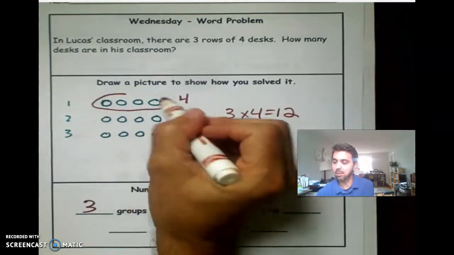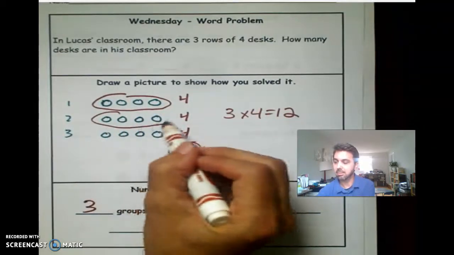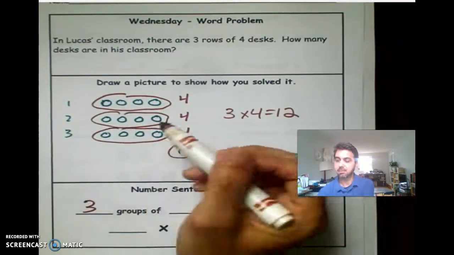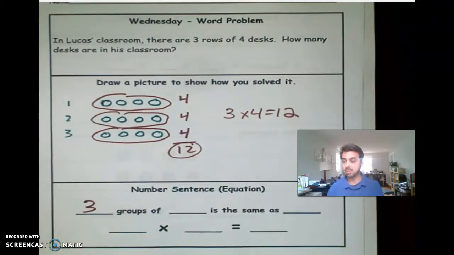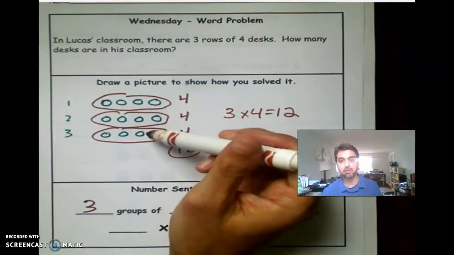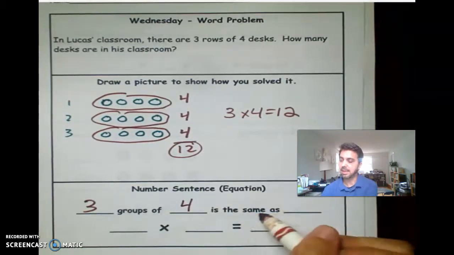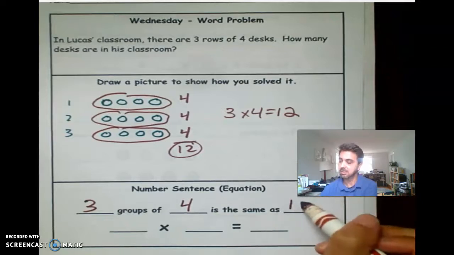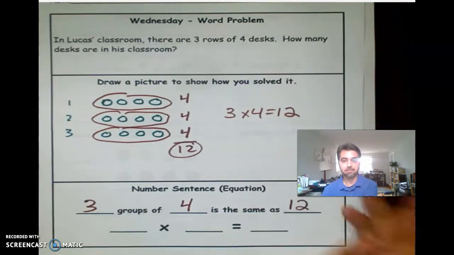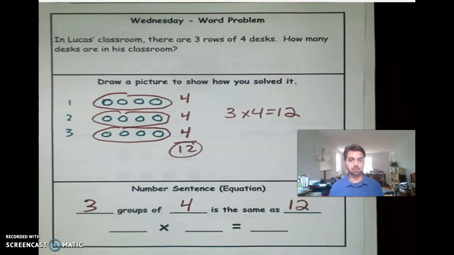Here's one group. Here's another group. And here's another group. But in arrays, we call them rows. So 1 row, 2 rows, 3 rows. 3 groups of 4 is the same as, we discovered, 12. Okay, and then you want to finish the multiplication sentence.